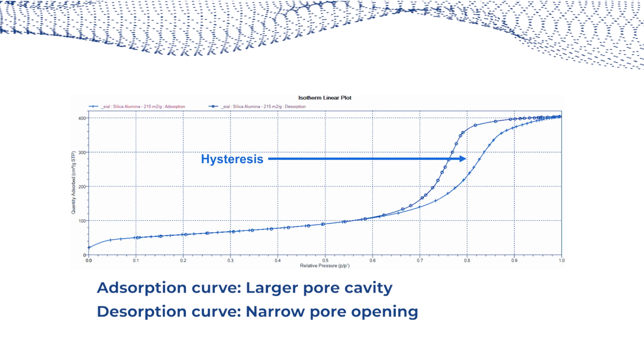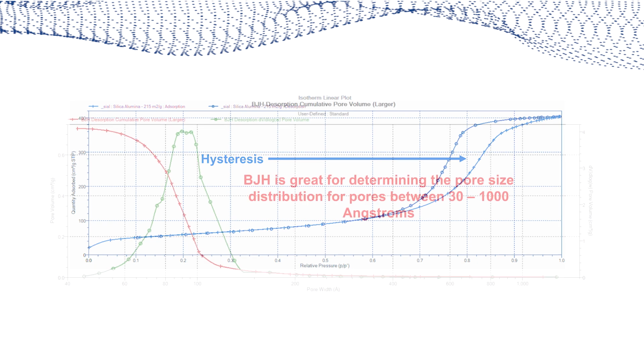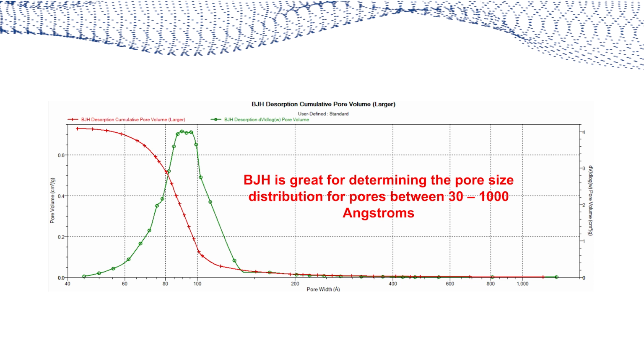In general, it's recommended that whenever your sample displays hysteresis, if you're going to use BJH, you want to do pore size distribution using the desorption branch to account for the hysteresis loop that occurs. In general, BJH is a great technique for determining the pore size distribution of pores between 30 and 1,000 angstroms.